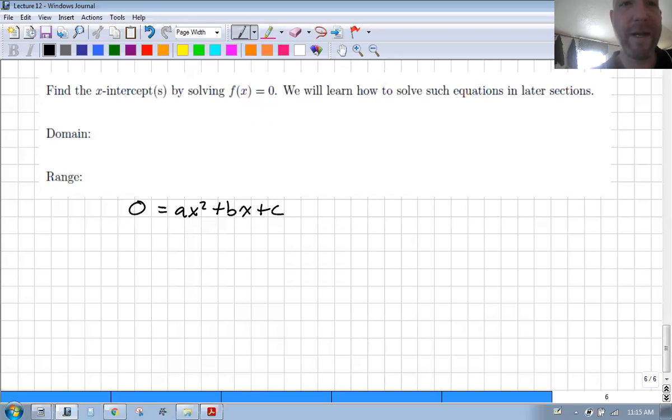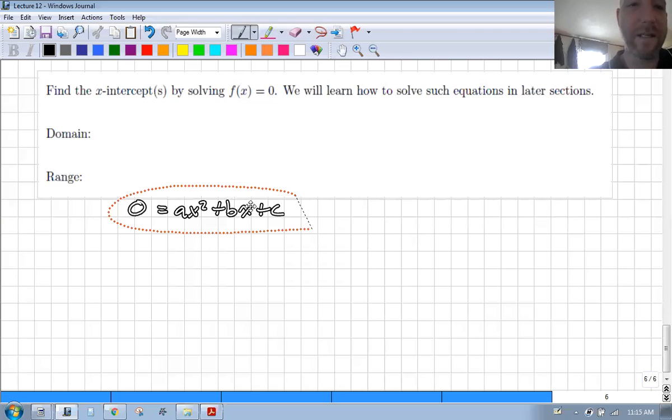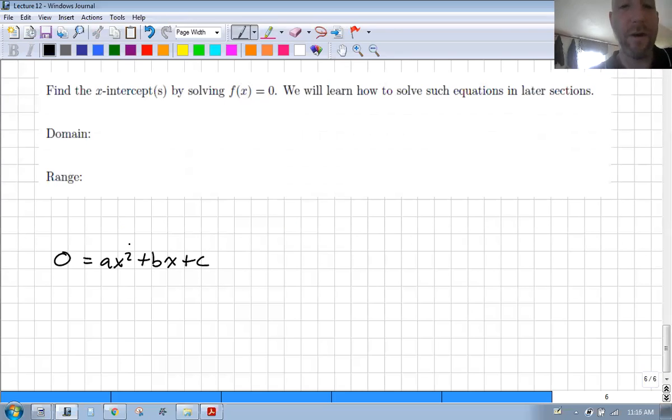They say the domain is all the possible x values that you can plug in where you actually get something back. Okay, we'll talk about solving for this here in a second.